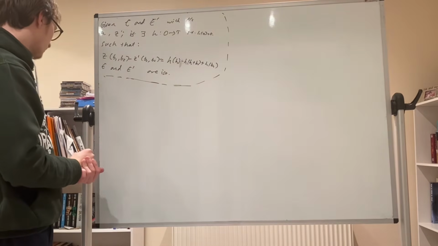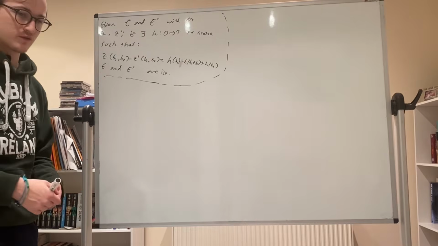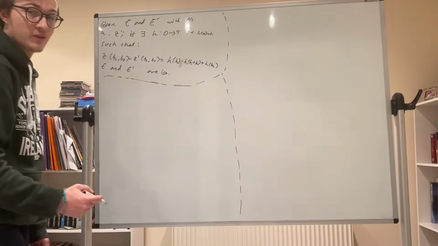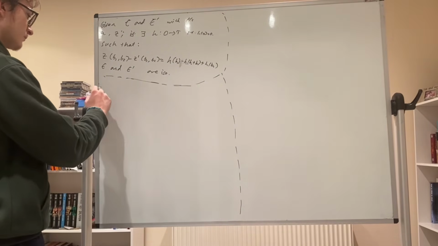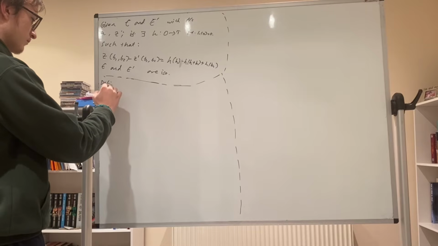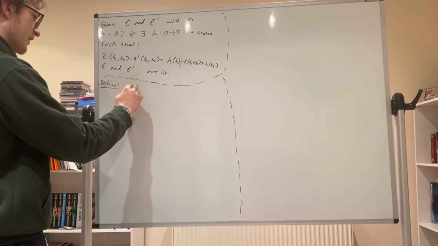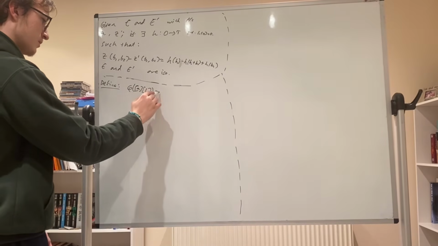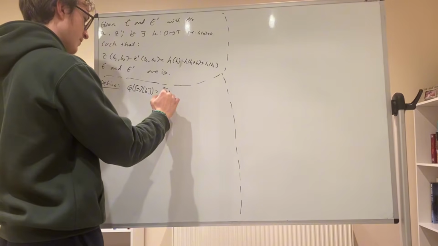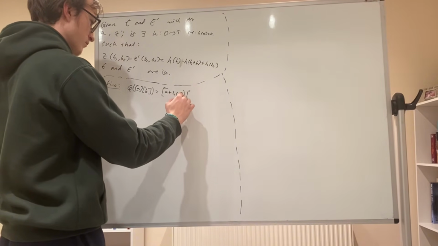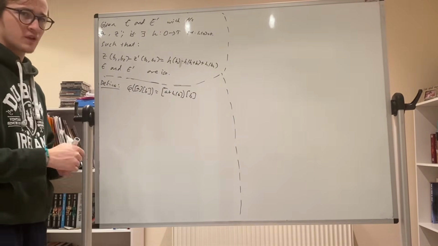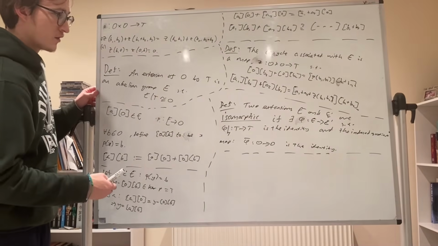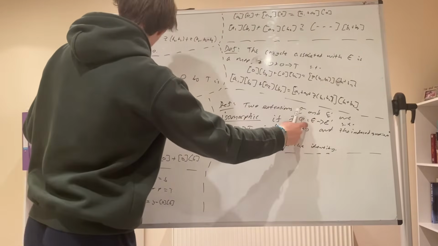Well, how about we just try to construct our isomorphism? And a natural candidate that springs to mind is to define phi of (A, B) to be A plus H of B, B. Now, notice immediately, in the definition of the isomorphism, this has to be a homomorphism.